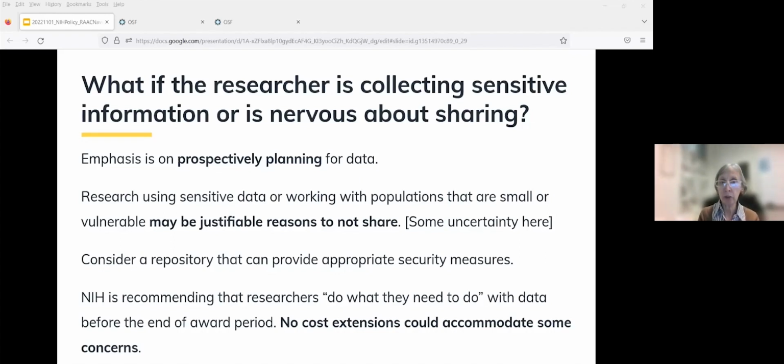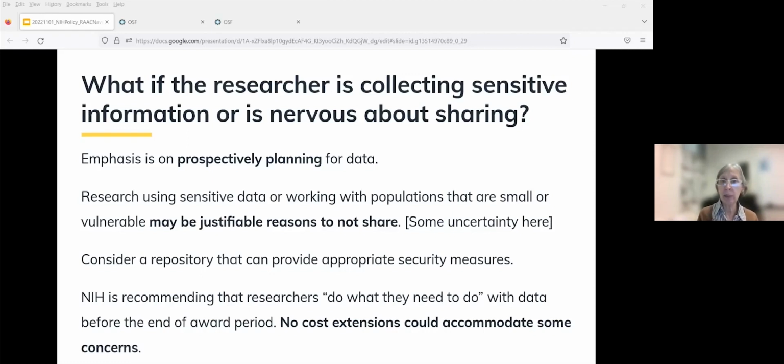But in many other circumstances, it's expected that you would be able to find a repository whose policies are appropriately structured, that they are suitable for your research. There are some repositories where you're getting full access to the data and others where you might be using it in a very sequestered enclave and that you can't actually remove parts of it.